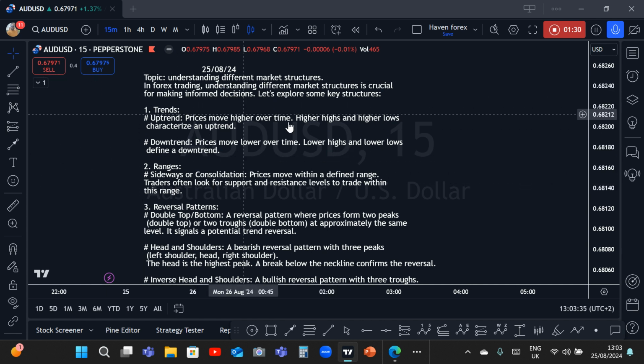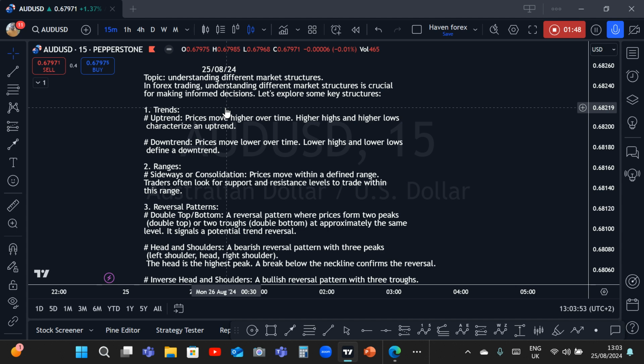In forex trading, understanding different market structure is very, very crucial because this is what you are going to use to make informed decisions when you want to trade.